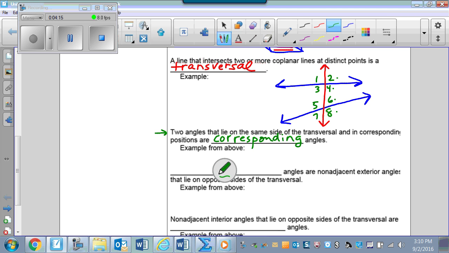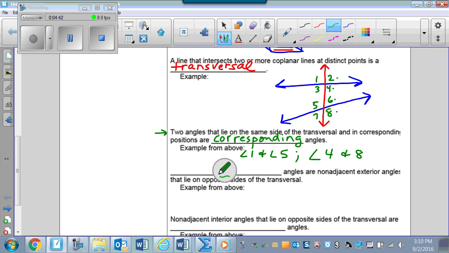So our corresponding angles, I'm just going to pick a couple of examples here. So let's pick on the left side of the transversal. Angle 1 and angle 5 would be corresponding. And if I pick a set on the right side of the transversal, what do you think? 4 and 8, 2 and 6? Yeah, there are plenty I could choose, but I'm just going to pick a couple of pairs for each one.